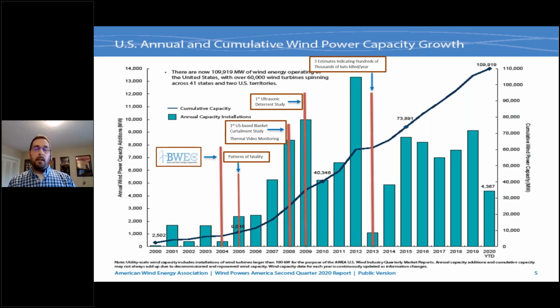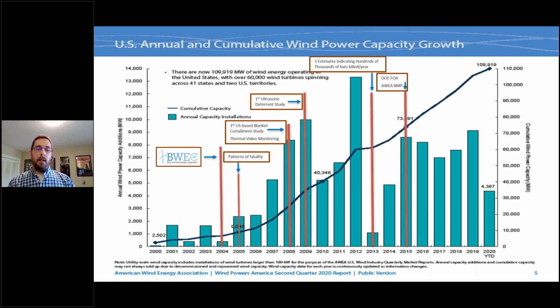In 2013, several studies looked at multiple facilities to try and develop cumulative estimates for bat fatalities across the U.S. or the U.S. and Canada. They were all based on different assumptions, different sets of data, and had different biases, but they all pointed to hundreds of thousands of fatalities of bats in the U.S. and in Canada.